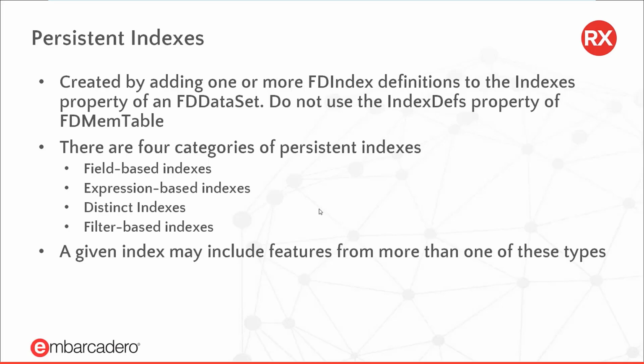You want to use the indexes property. And in fact, in the little example I have, the first thing I do when the application runs is I blow away any index defs that happen to be sitting around, because they can really mess up indexes in the FireDAC mem table.